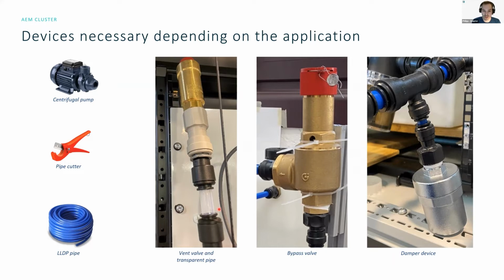So what you want to do is install vent valves on the top of each cooling cycle to be able to release the air and maybe oxygen or other gas components so that they leave the loop and do not decrease your efficiency.